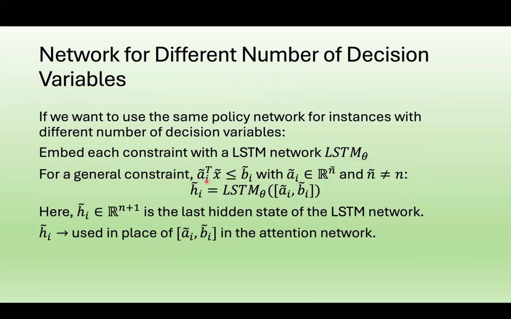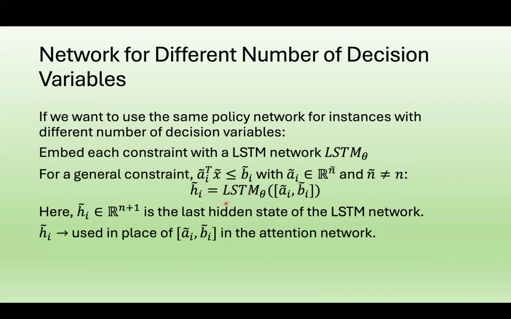So for a general constraint, a_i tilde transpose x tilde less than or equal to b_i tilde, where a_i tilde belongs to R^n tilde, where n tilde is not equal to n, this vector (a_i tilde, b_i tilde) is fed to the LSTM network.